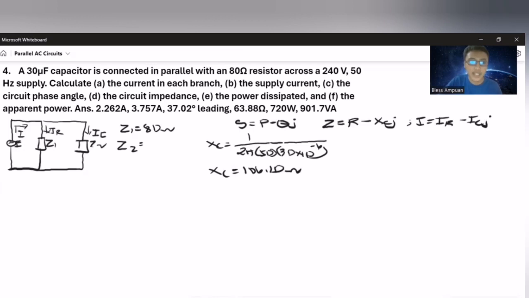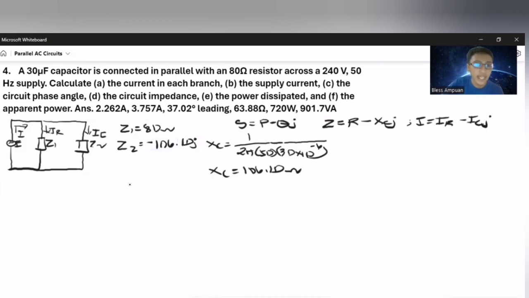So our Z sub 2 is negative 106.10 J. This is only applicable for a pure capacitive branch.